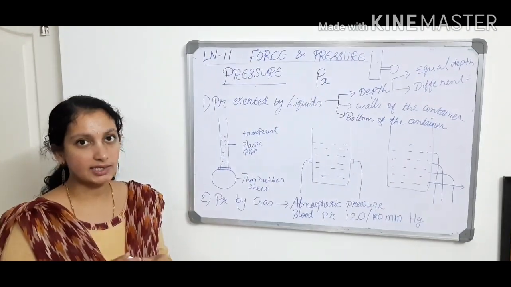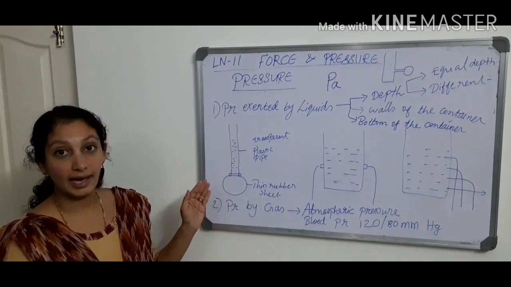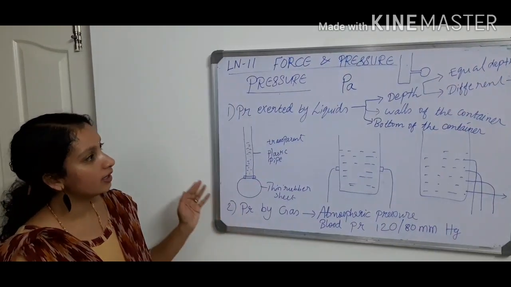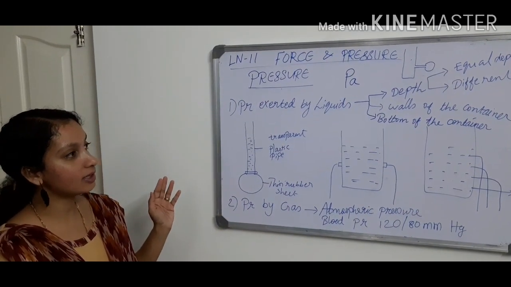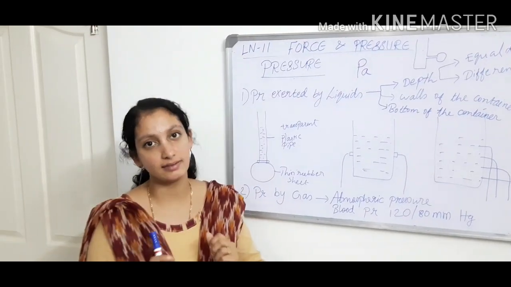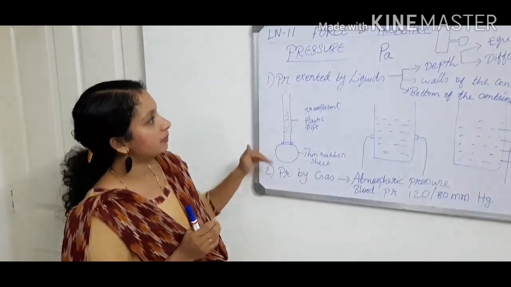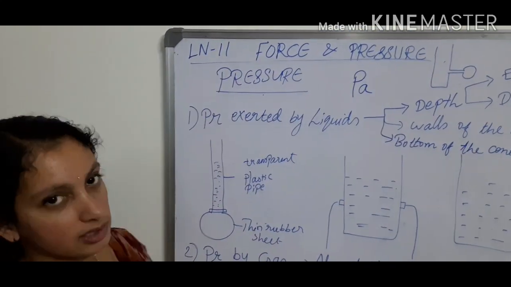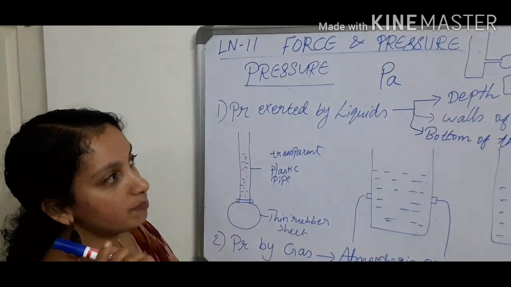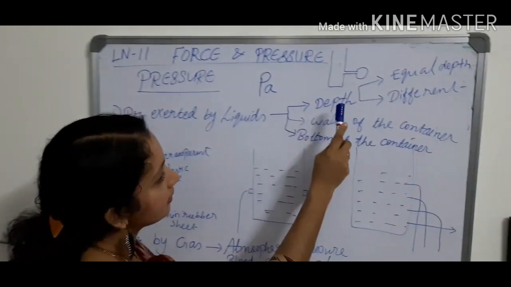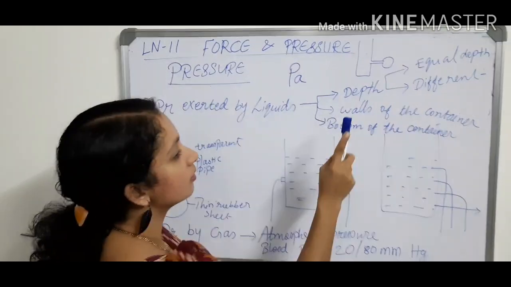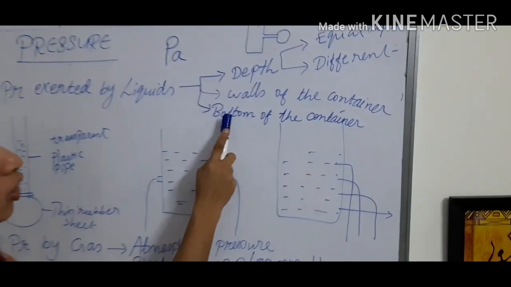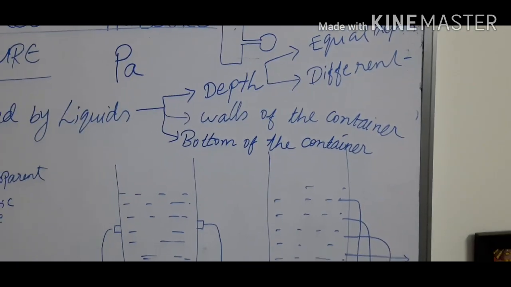The pressure is exerted by liquids and gases, making pressure on the walls of the container. One by one we see now. Pressure exerted by liquids depends on depth, the walls of the container, and the bottom of the container.